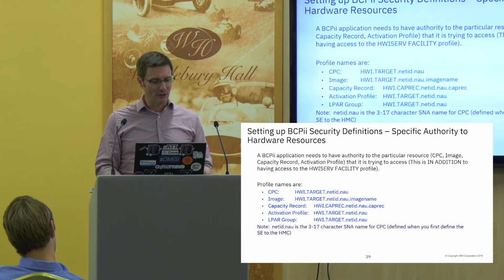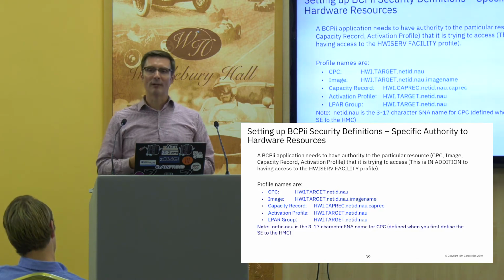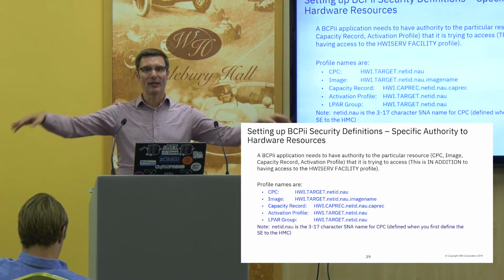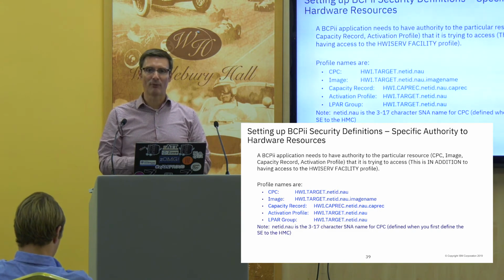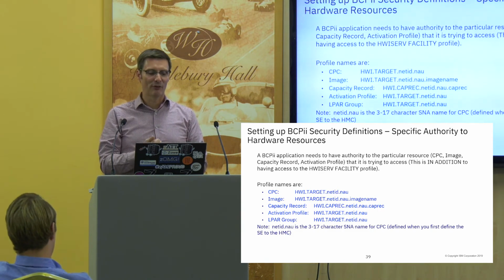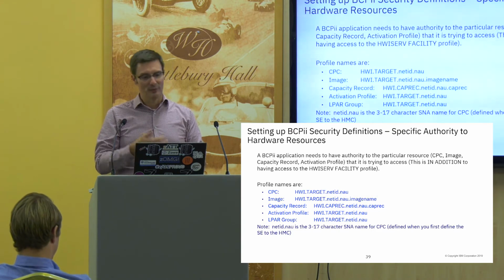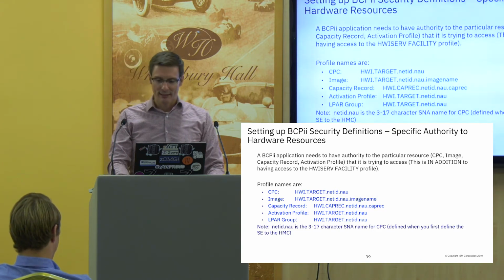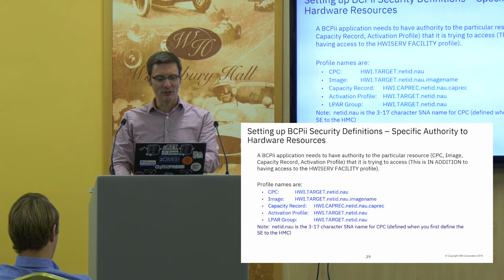The next thing is to say what resources on my HMC network I want this program or this user to have authority to issue commands against. The profile names are here. For a CPC, you say HWI.target.the name of the CPC.